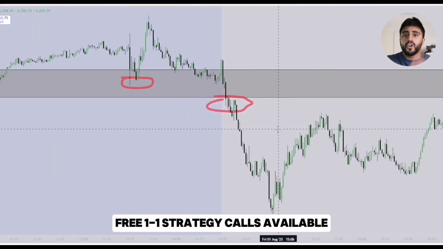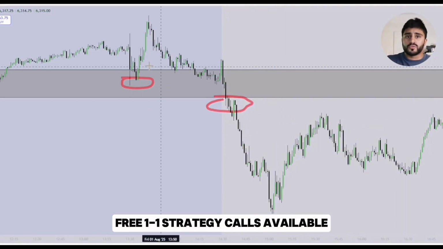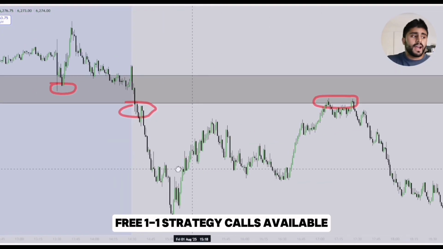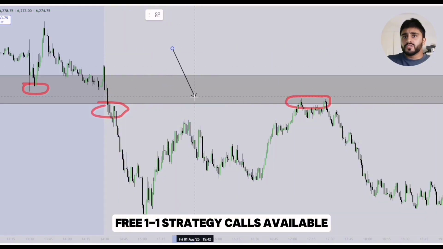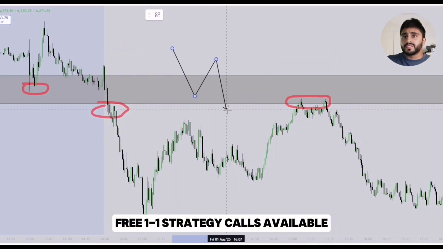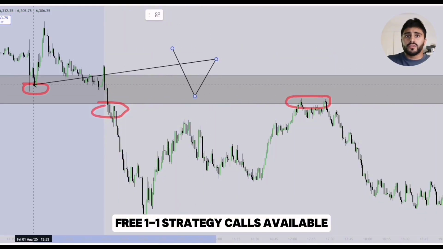So we're going to be focusing on Friday's price action. This would have been the 1st of August, 2025. So we're going to be focusing on these areas over here. And I want traders to understand how a key level works and how to actually trade using order flow. So when price comes into a key level, we're looking for price to essentially break below. So we're looking for a break and retest strategy.